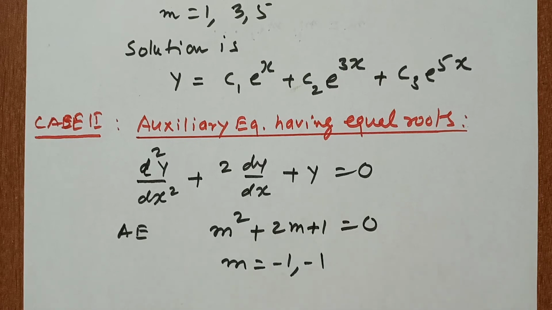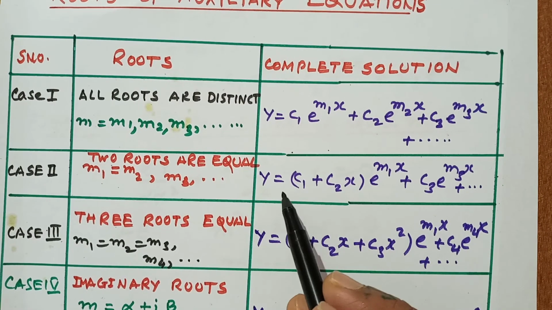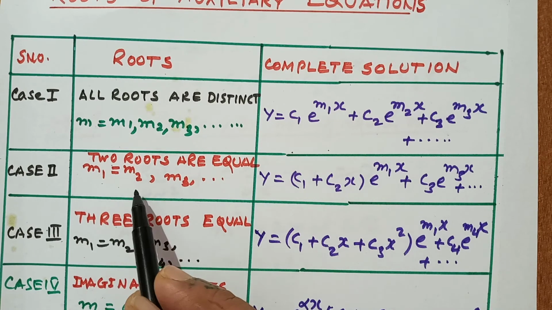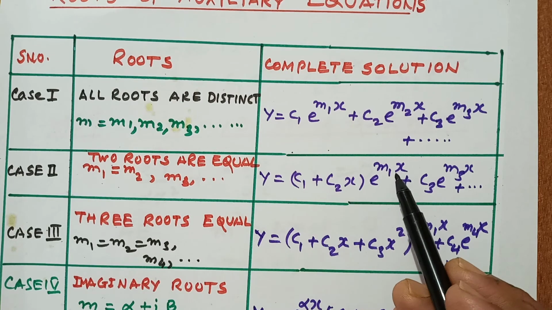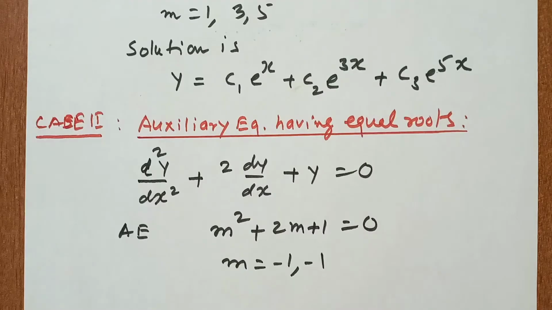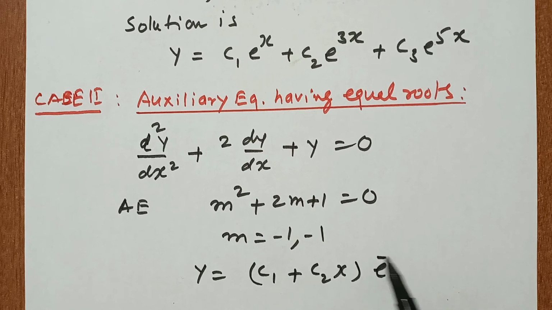So two roots are equal. When two roots are equal, m1 is equal to m2, then you use c1 plus c2x times e to the power m1x, and for a different root separately. So here the solution is y is equal to c1 plus c2x times e to the power minus x.